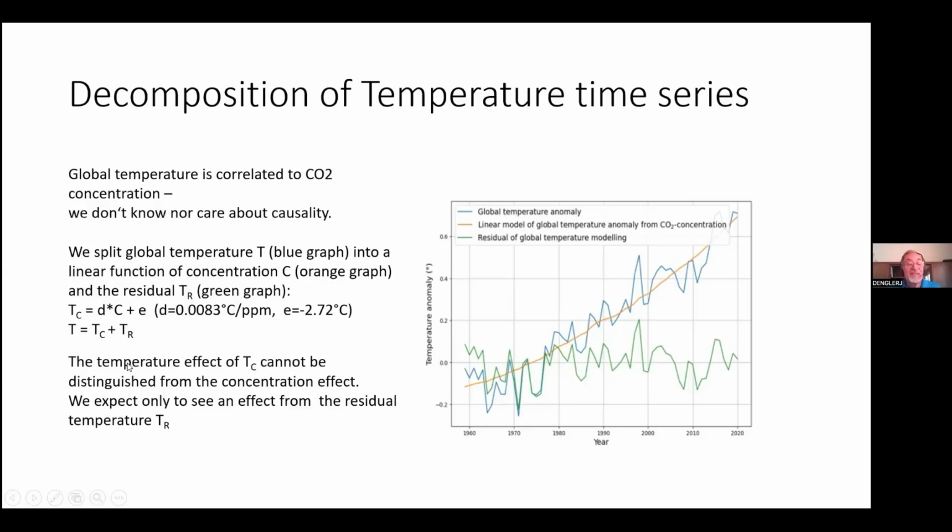As we said, the temperature effect of the correlated part cannot be distinguished from the concentration effect. We can expect, therefore, only to see an effect from the residual temperature, from this green temperature. And this green temperature is very similar to El Niño. And so definitely Roy Spencer was right.